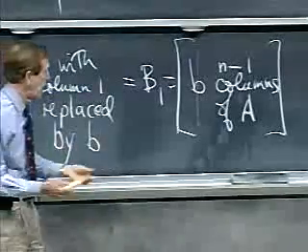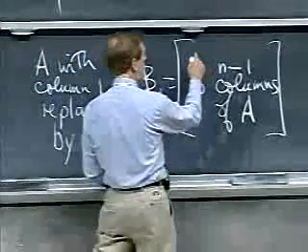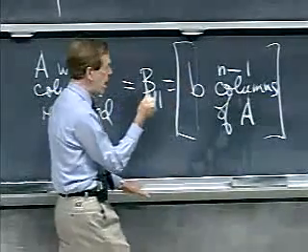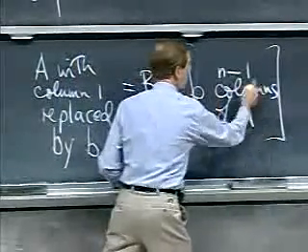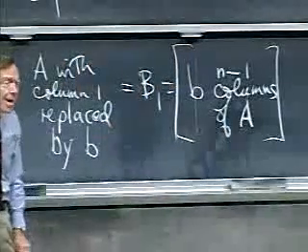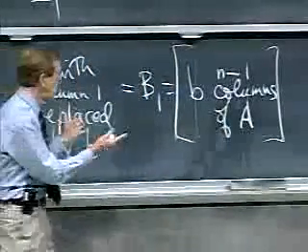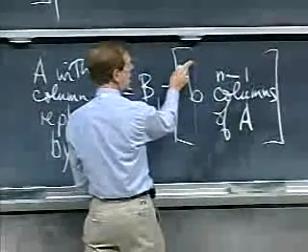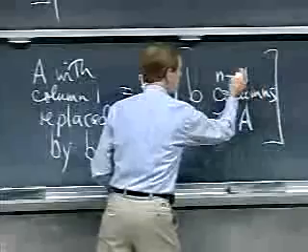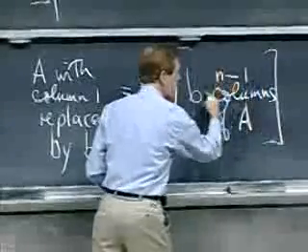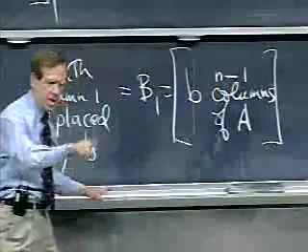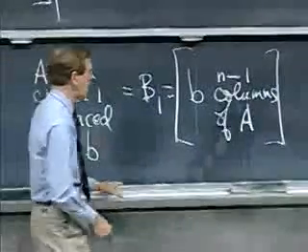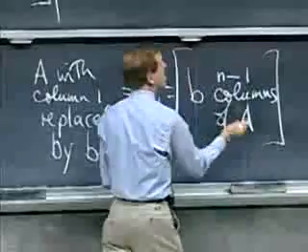So when I use cofactors down column 1, I'm taking the first entry of B times what? Times the cofactor C11. Do you see that? When I use cofactors here, I take the first entry here, B1, let's call it, times the cofactor there. But what's that cofactor? And my little hand waving is meant to indicate that it's a matrix of one size smaller, the cofactor. And it's exactly C11.